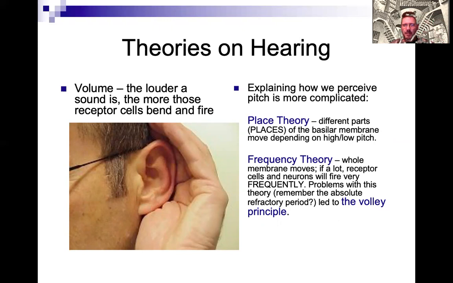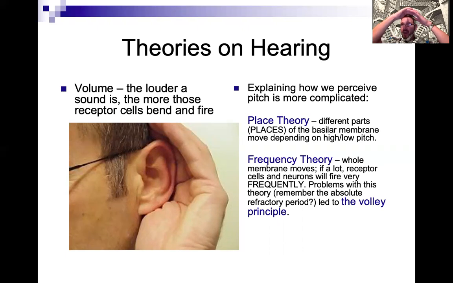The basilar membrane is where we find those hair cells, remember? So the theory is that there's just different places on the basilar membrane that will wiggle. So maybe when we hear a really high pitch, there's a certain part of the basilar membrane that will ripple in response to that high pitched sound. But if it's a really low pitched sound, maybe there's a slightly different area of the basilar membrane that ripples.